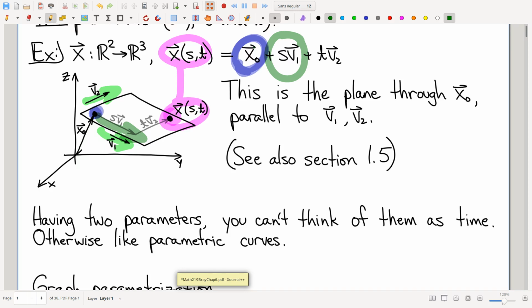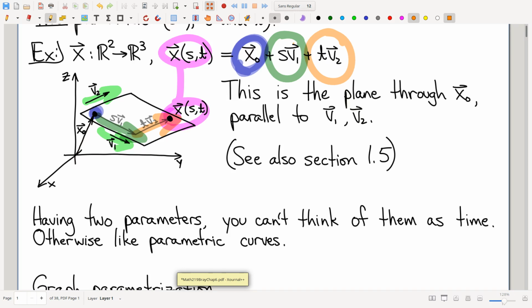And then also, to some extent, in the V2 direction. V2 might not be long enough. Maybe I want to go more in that direction. So T here is going to be our scaling factor that helps me go as far as I want in the V2 direction. Okay, and notice these add, right? So if I start at this point and I go some amount in the V1 direction and some amount in the V2 direction, I get to another point in the plane. Furthermore, whatever point I want to get to, I just need to go appropriately far in the V1 direction and appropriately far in the V2 direction. So there you go.